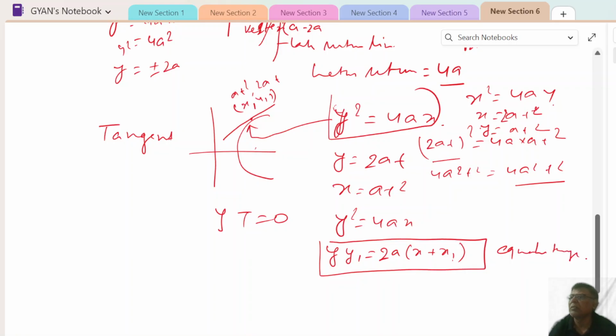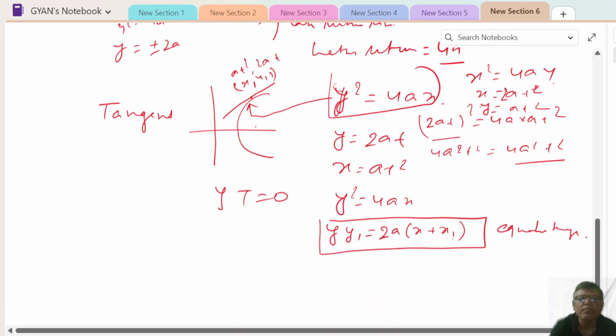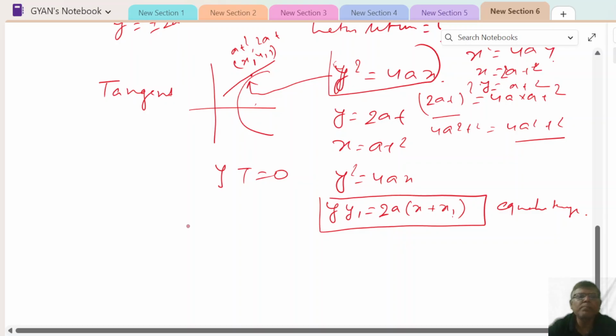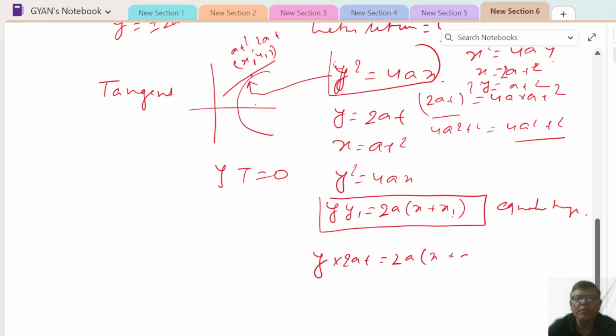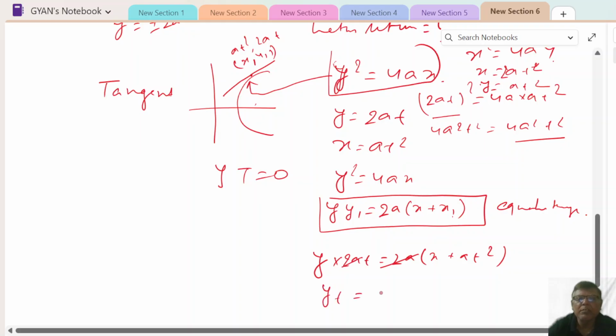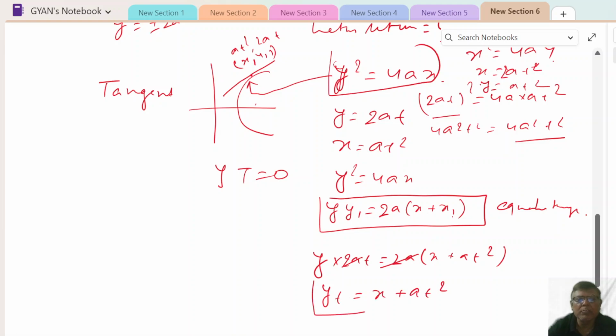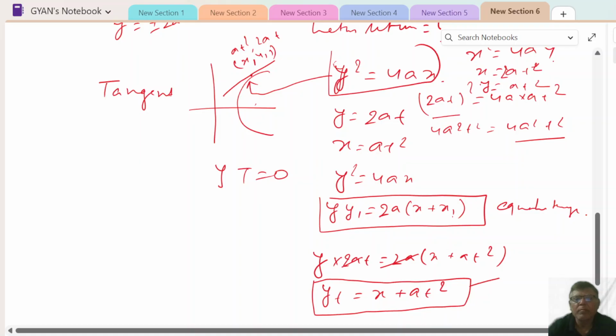If we want to write it in parametric form, then y into 2at is equal to 2a times x plus at square. So 2a gets cancelled, then the equation is yt is equal to x plus at square. So this is the equation of the tangent in parametric form.